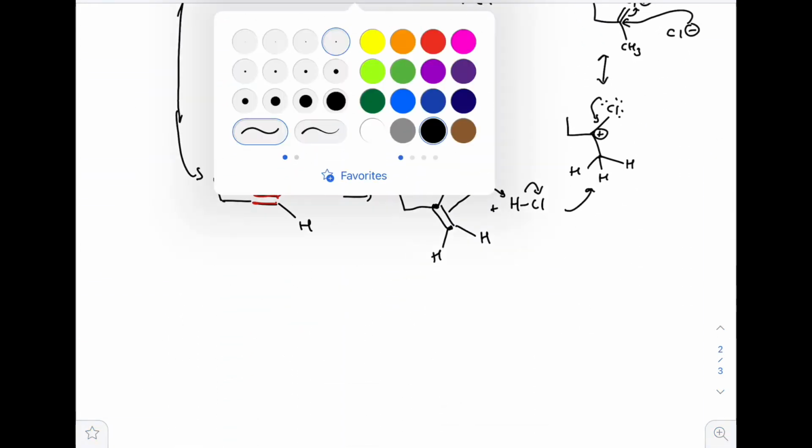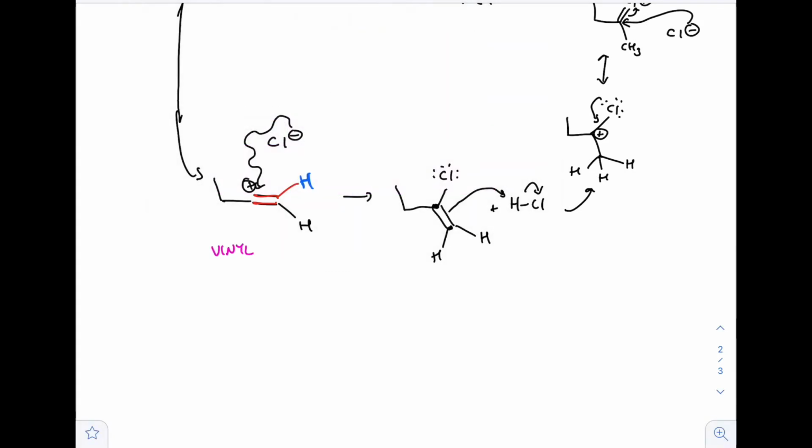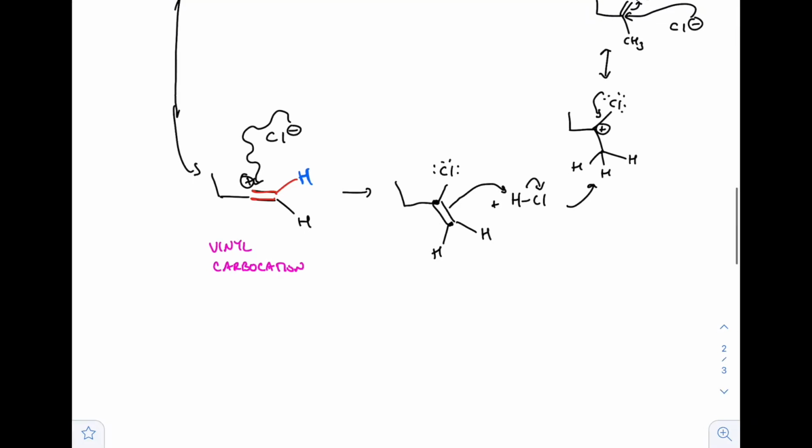Okay. Just as a quick reminder again, this is a vinyl carbocation, not super stable like at all. So very reactive, doesn't really want to form. Not too ideal. It's an sp hybridized carbon, right?